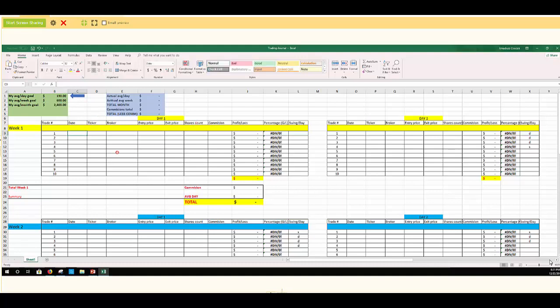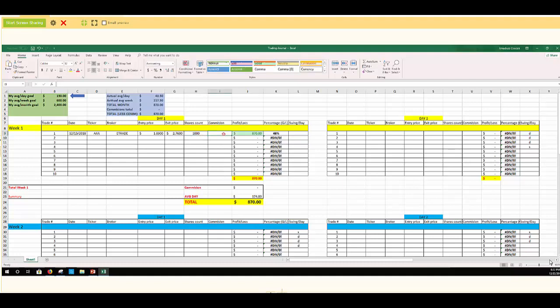So basically what it does, if I want to put, let's say, ticker AAA, for example, and you go like E-Trade, entry price $1.89, exit is $2.76. Shares count, let's say 1,000 shares.